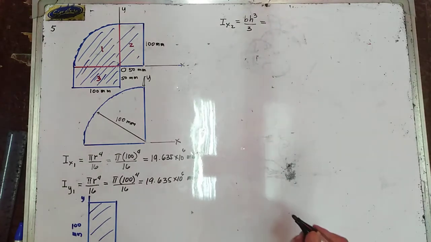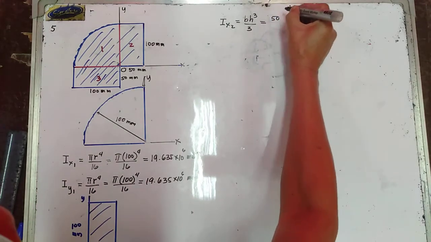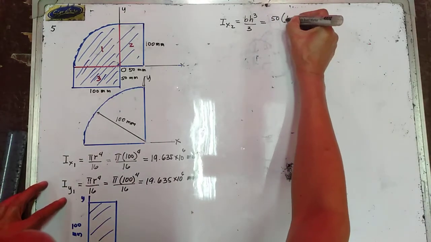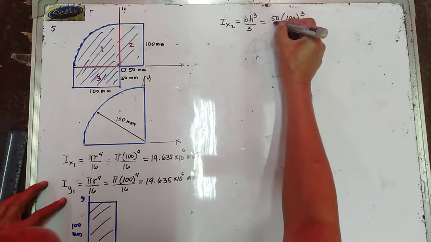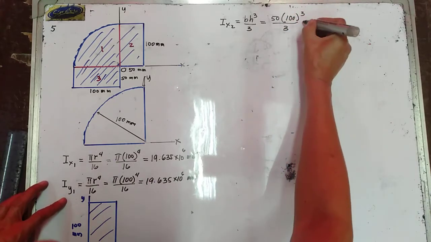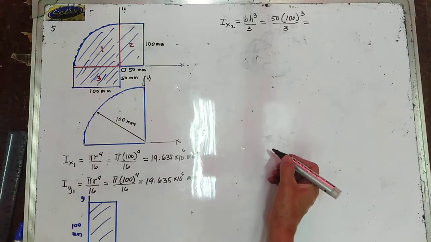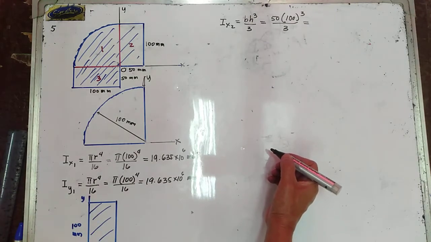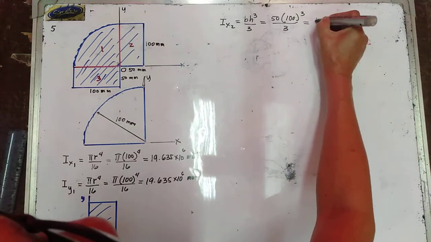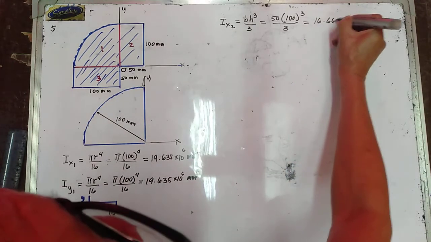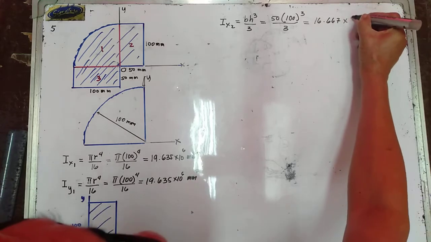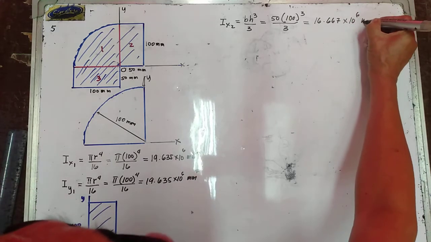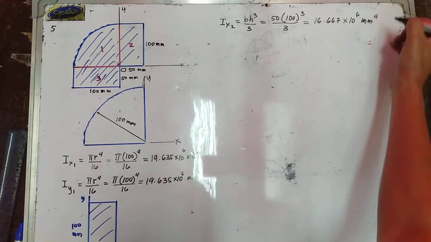And your b in here is equal to 50, and your h is equal to 100 cubed all over 3. And this one is equal to 16.667 times 10 to the 6 millimeter raised to the fourth.